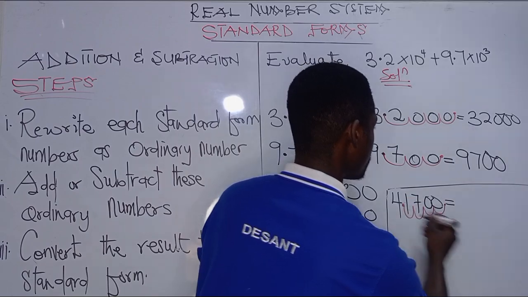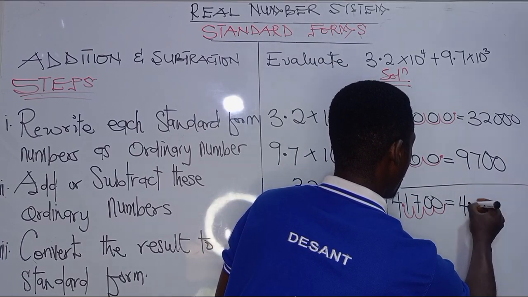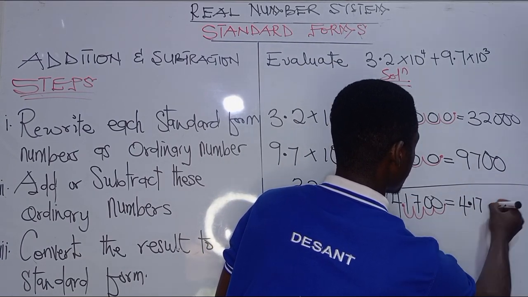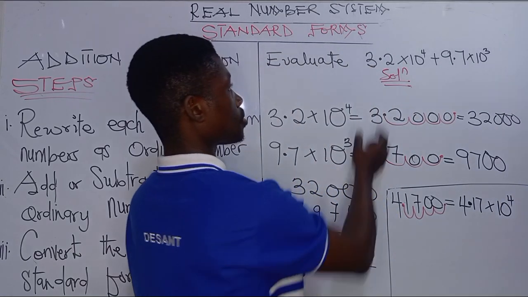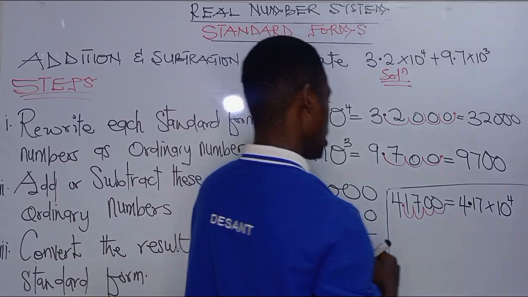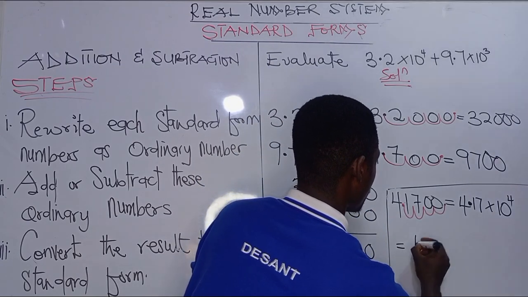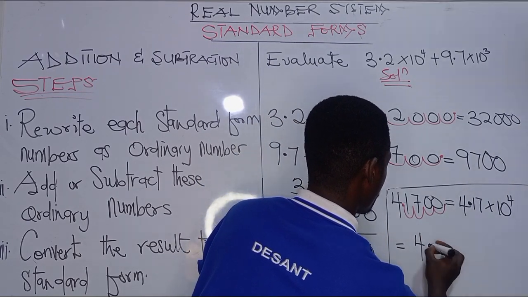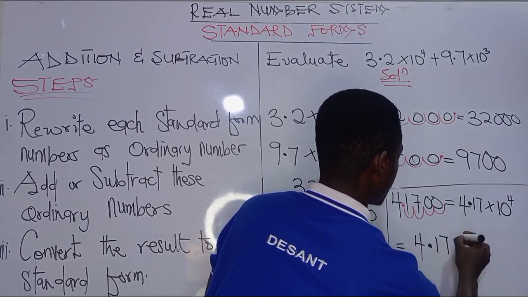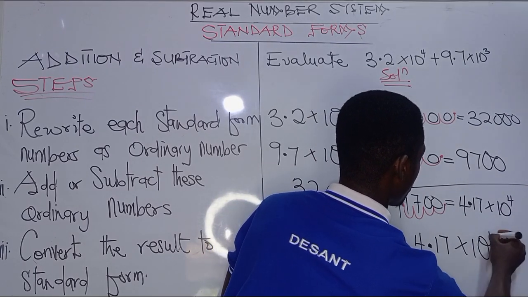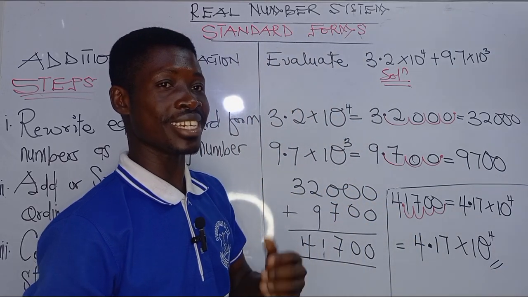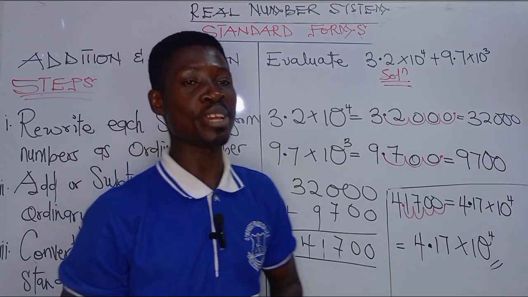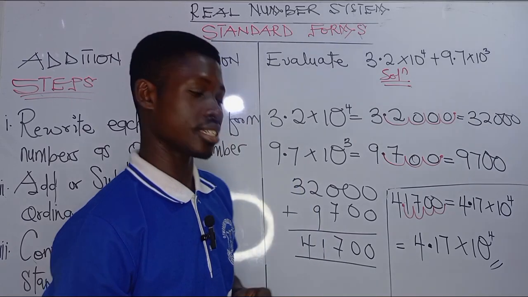So we have 4.17 times 10 raised to the power positive 4. So this number plus this number gives us 4.17 times 10 raised to the power positive 4. Very easy, as easy as ABC. Let's take our next example, please.